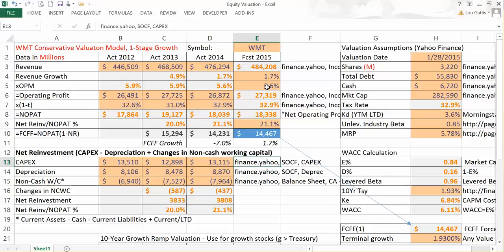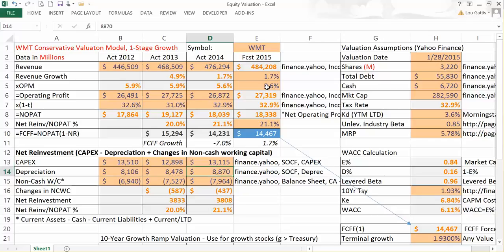So any kind of capital goods that they're purchasing, goods which are used for the long term and not for immediate sale. However, they had 8.9 billion of depreciation. So I'm going to calculate their total reinvestment of, say, 4 billion that year. They had 13 billion of CapEx, but they had 8 billion of depreciation.